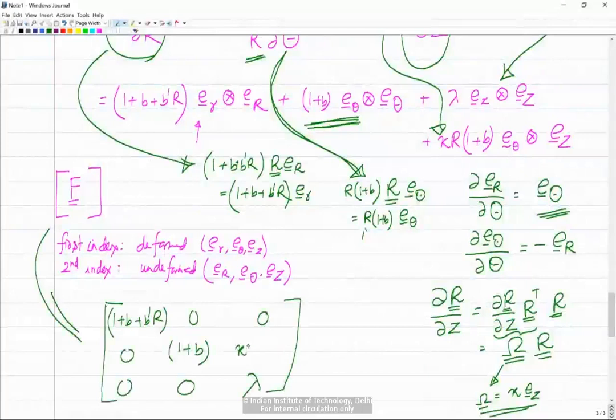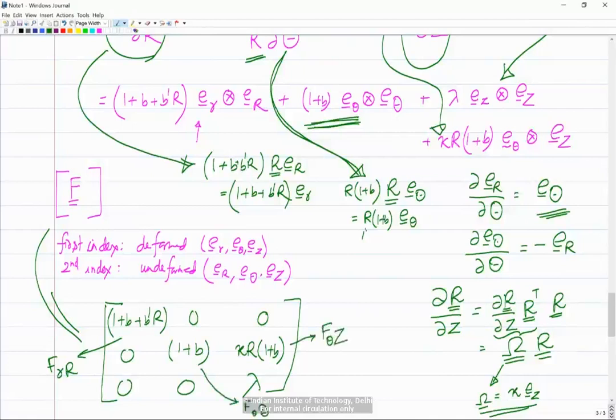And then here you have kappa big R, 1 plus P. And this is your F small r big R, this is your F small theta big theta, and that's your F small theta big Z, and this is your F small z big Z. You see we have to use small and big because it is expressed in that mixed coordinate system.